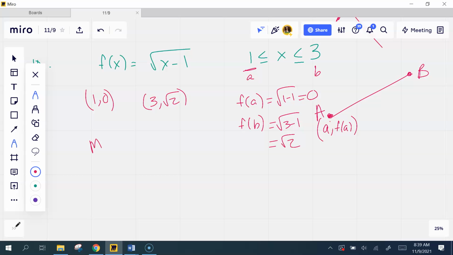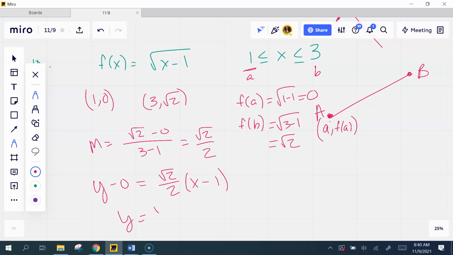So find the slope. 3 minus 1 on the bottom. I'm going to choose 1, 0 to write my equation. Slope times x minus 1, and I'm probably just going to leave it. There's the equation of the secant line.